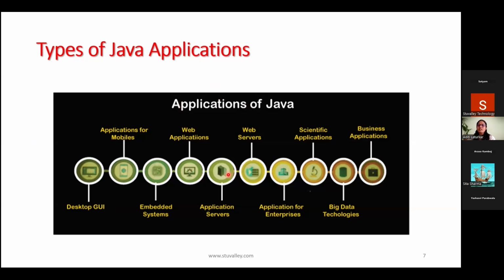You can choose anything when you learn this particular course, or when you learn Java, you are opening multiple paths for you. That's why nowadays Java is widely used, and there is multiple hiring also for Java programmers, because it is widely used for developing multiple applications.